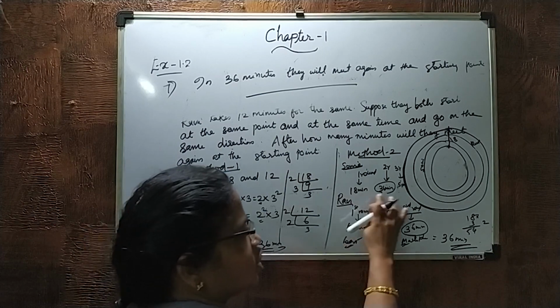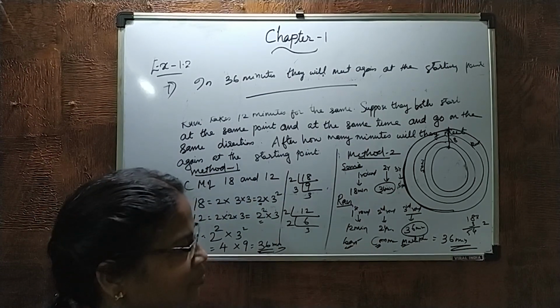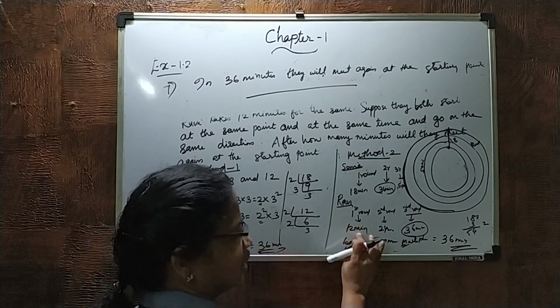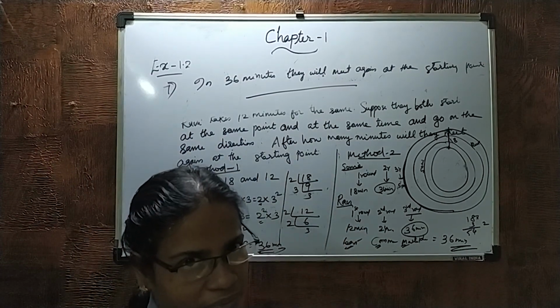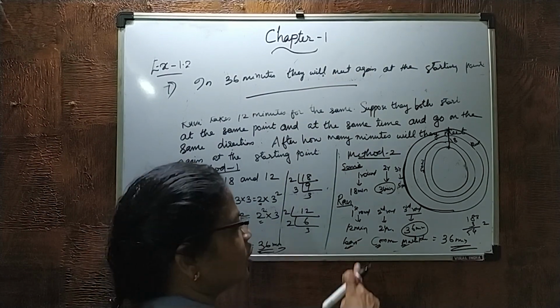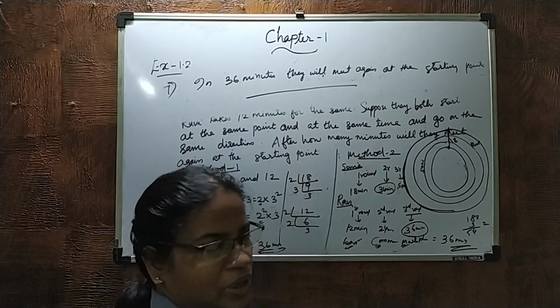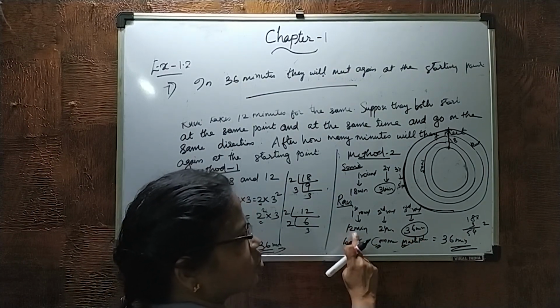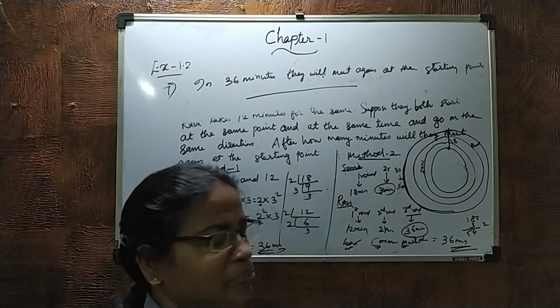Third round means 18 into 3, you get 54 minutes. Now take Ravi's case. For the first round, he took 12 minutes. For the second round, 12 into 2, 24 minutes. Third round, 12 into 3, 36 minutes.